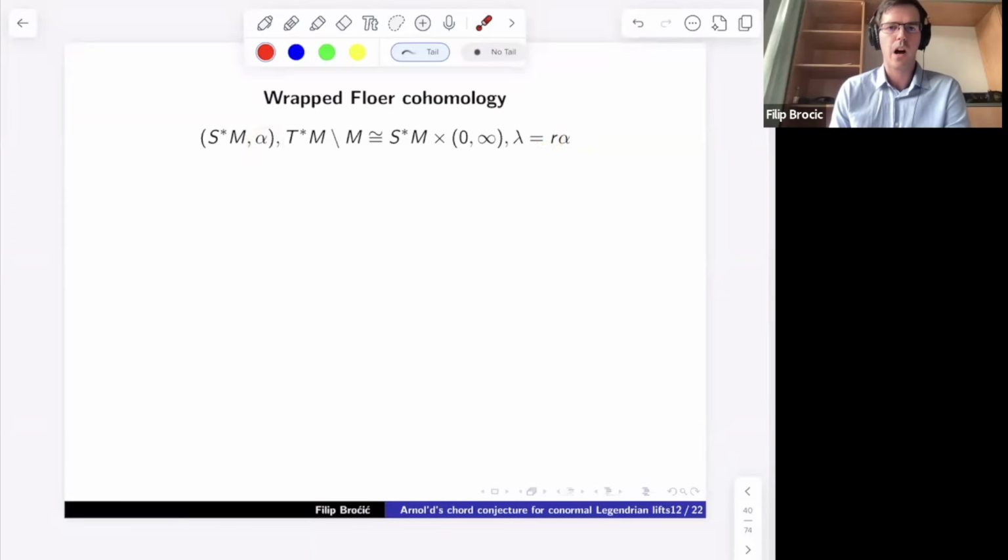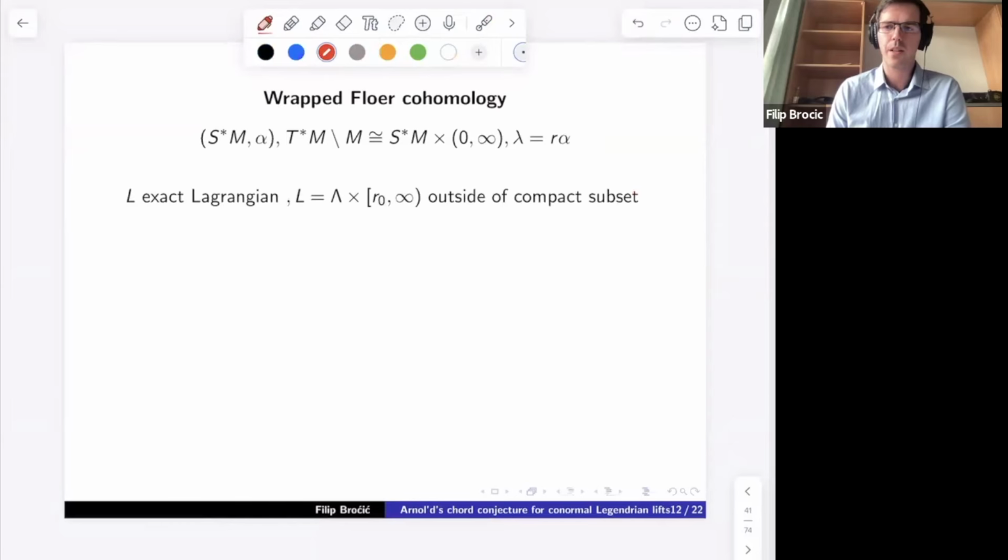For instance, if our unit cosphere bundle is given by a Riemannian metric and it's a set of unit covectors, then R is just equal to the norm of the covector p induced by the Riemannian metric g.